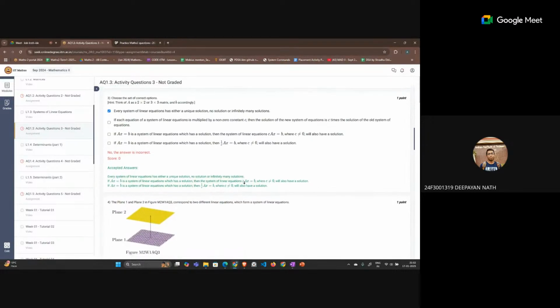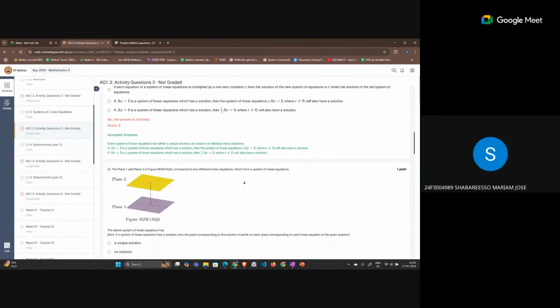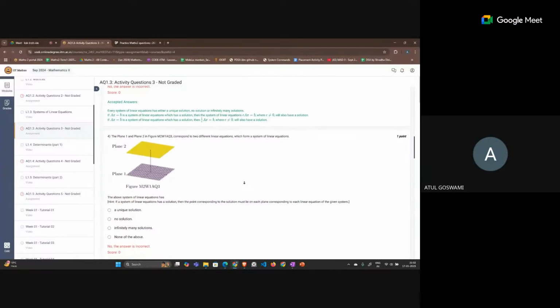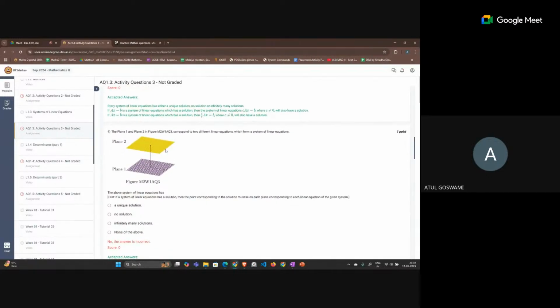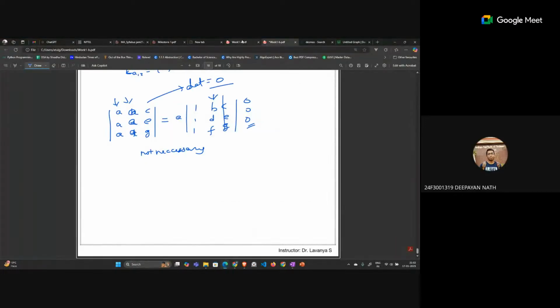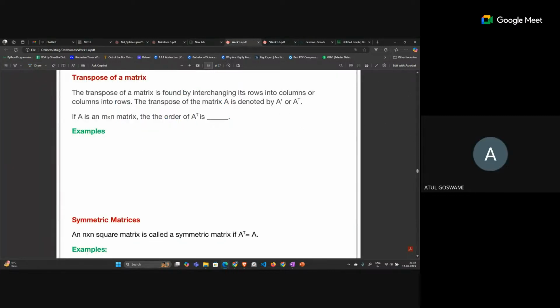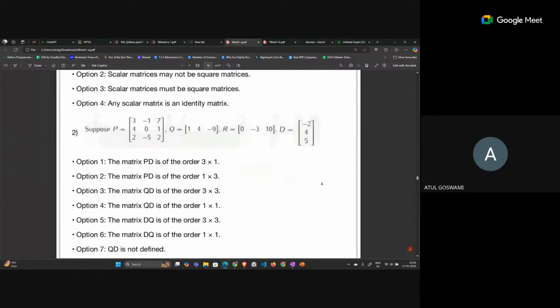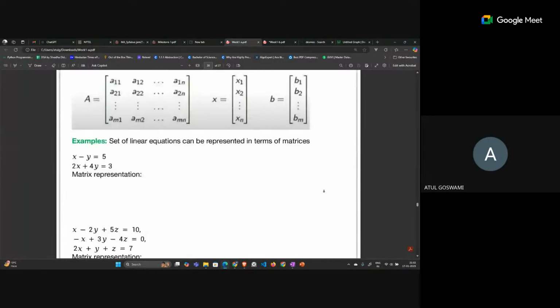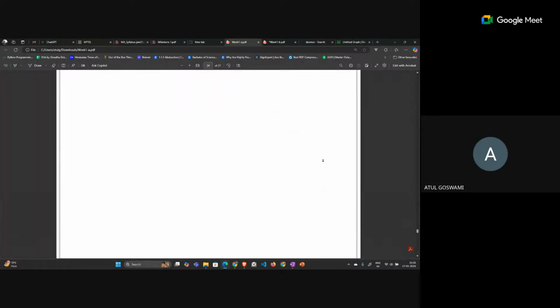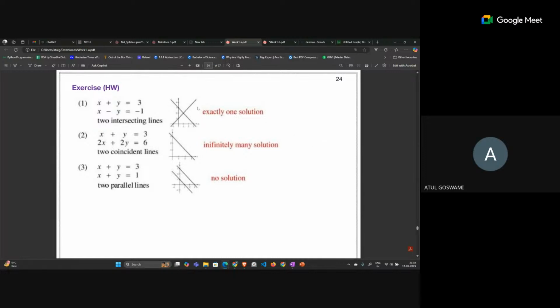Okay, sir. If you want to visualize, here is one diagram. These are two equations, suppose, right?